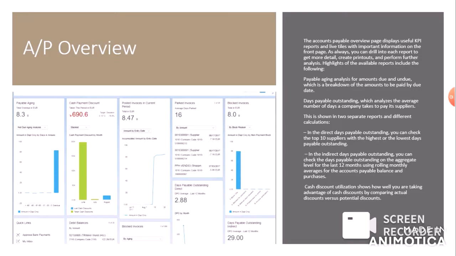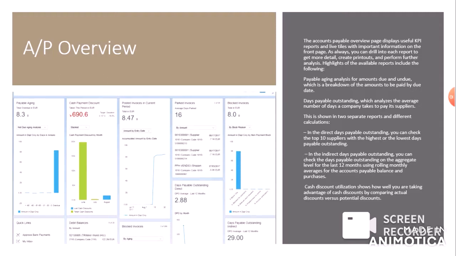The accounts payable overview page displays useful KPI reports and live tiles with important information on the front page. As always, you can drill into each report to get more detail, create printouts and perform further analysis.